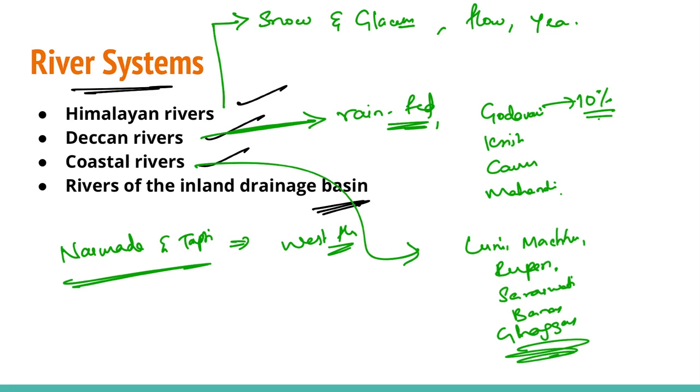The entire country has been divided into 20 river basins or groups of river basins, which comprise 12 major basins and 8 composite river basins.